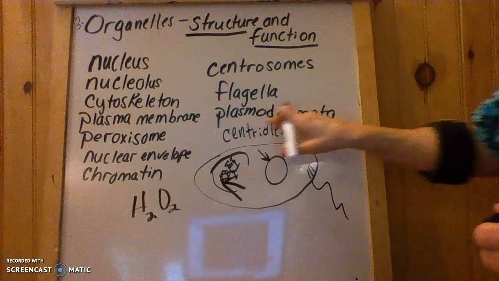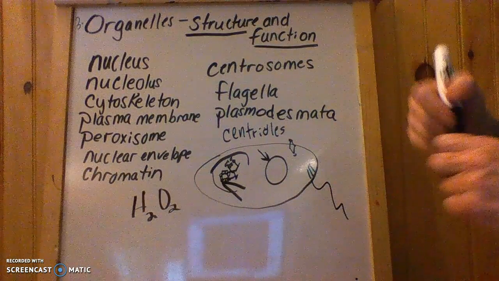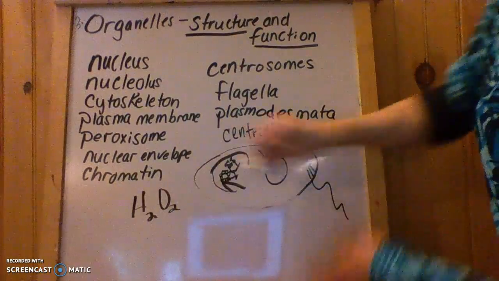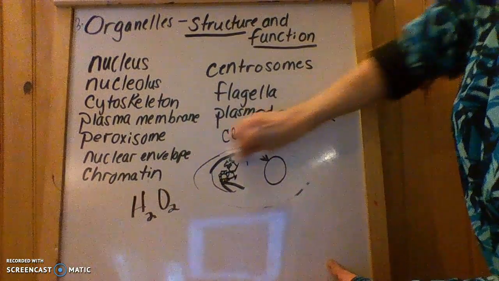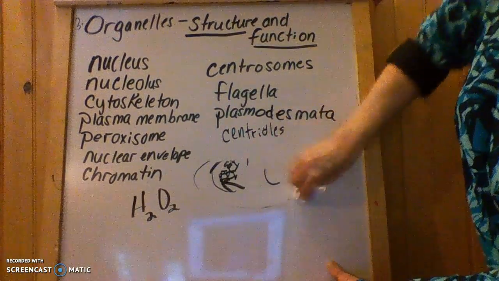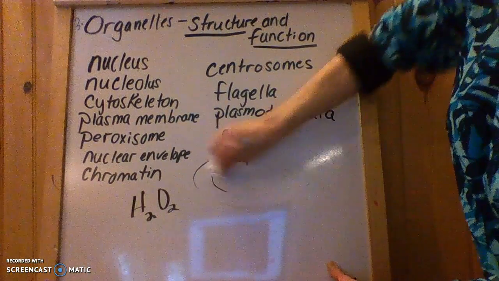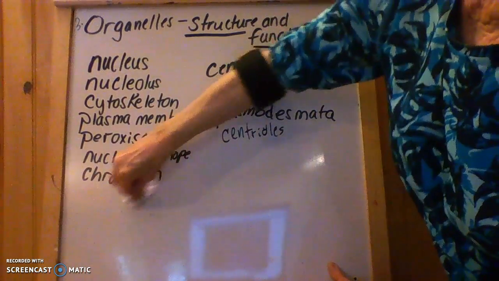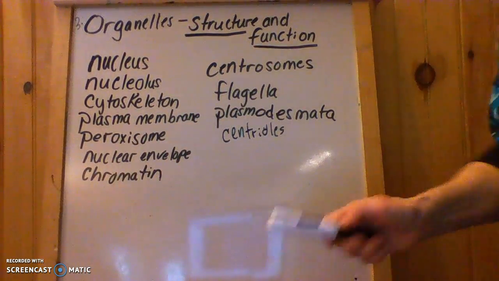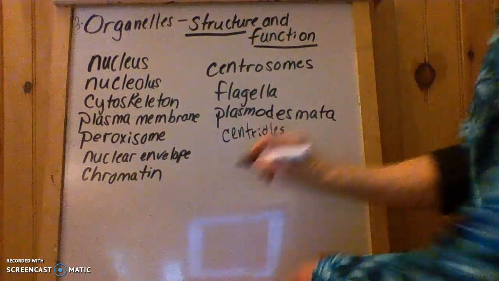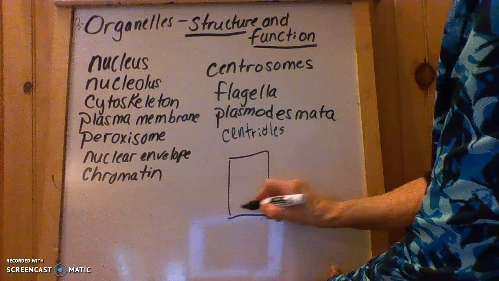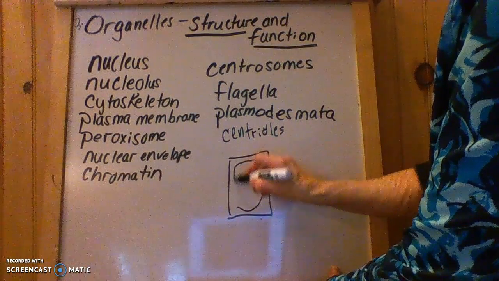The plastodesmata is for plant cells. So if I can quickly make a nice little, I have tendonitis in my elbow, excuse me. If I make a plant cell, remember that the plant cell has the exterior cell wall and an interior cell membrane. Animal cells do not have that cell wall. So here I have one plant cell, exterior cell wall, interior of that would be a cell membrane.